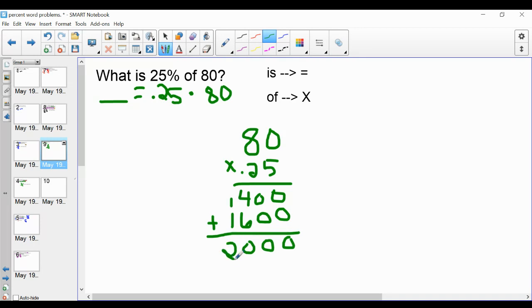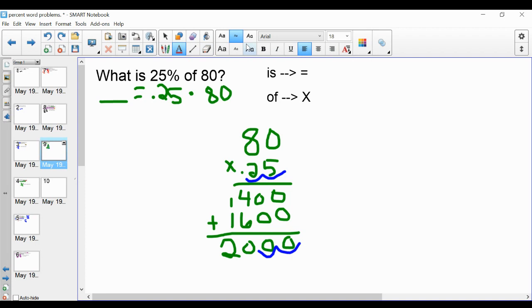Now, the last part is important. We have to move our decimal point. So there's 2 places here. We have to add in 2 places here. So our answer would be 20. That's it.